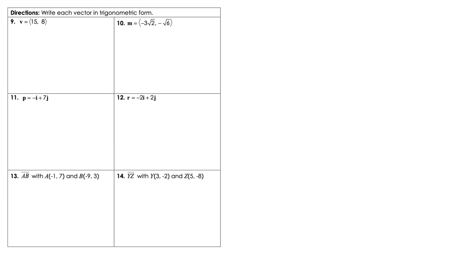All right, now we're going to write each vector in trig form. And we are going to go from component form to do this. So we need to, 1, get our magnitude. And then 2, we will need to find our angle.